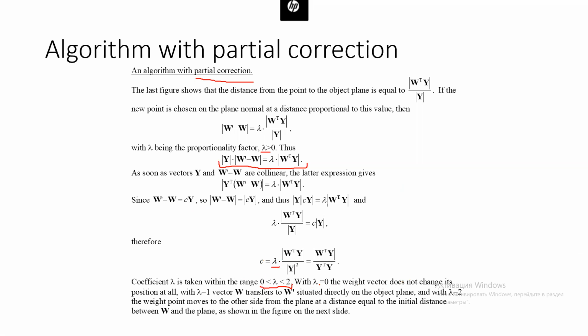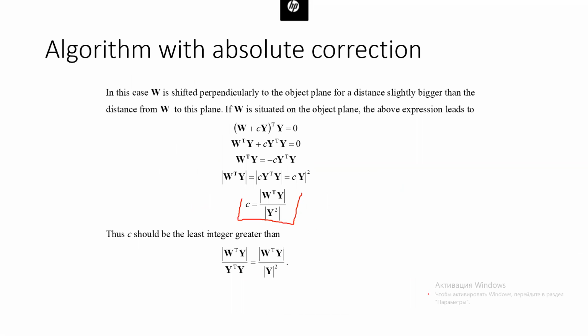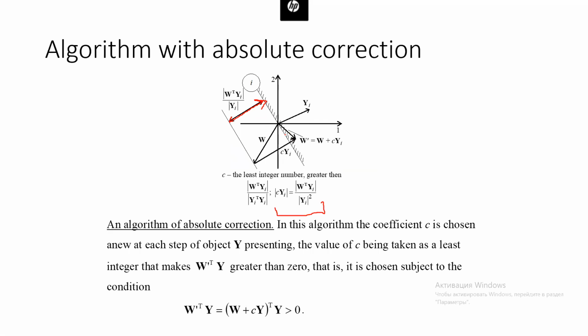When this coefficient is equal to 0, the weight vector does not change its position at all. And when this correction is equal to 1, the vector transfers to a new position situated directly on the object plane. So it will be this direction.